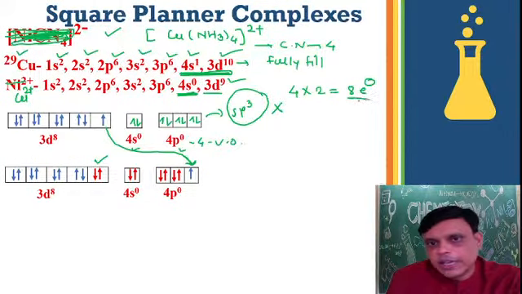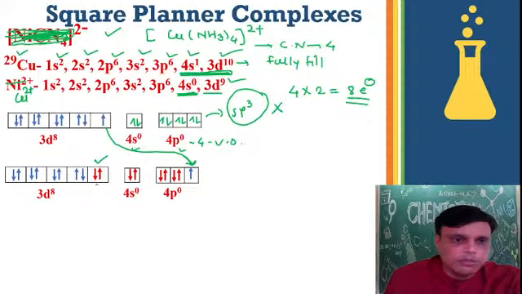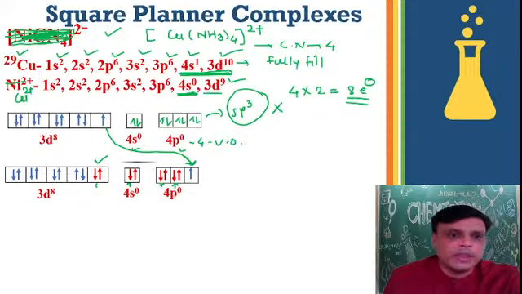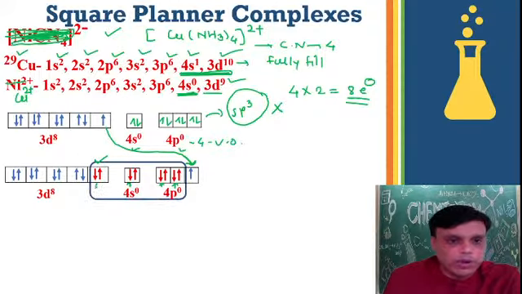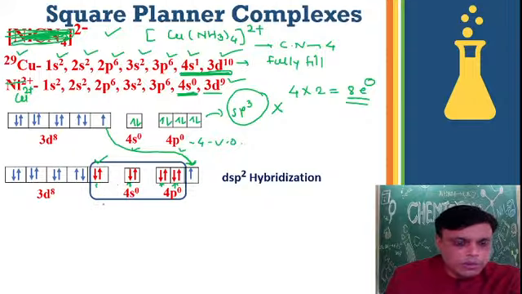You can fill the 8 electrons here: 2 electrons here, 2 electrons here, 2 electrons in the first p orbital and 2 electrons in the second p orbital. This 1d orbital, 1s orbital and 2p orbitals undergo the process and give dsp2 hybridization. Why dsp2? Because 1d, 1s and 2p orbitals are involved.